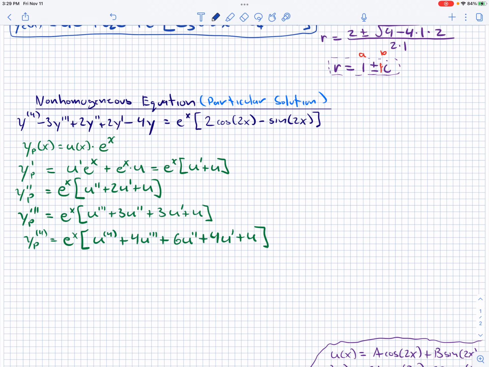And if that wasn't enough, we now have to plug all this information into our differential equation and simplify some more.